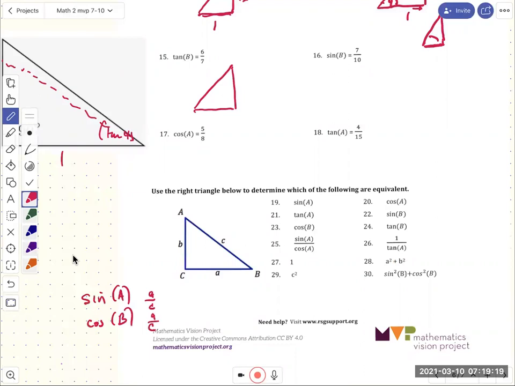And then for sine A to sine B, I have A to C, sine over cosine of A, which is B to C. So that's A to C times the reciprocal. Oh, but A to B is just what? It's just the tangent. This is an interesting one to look at as well.